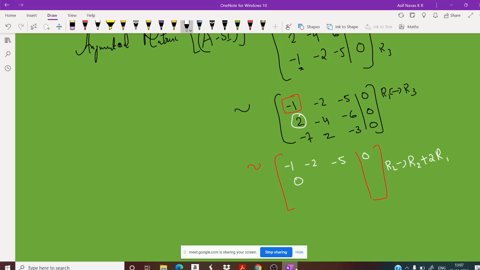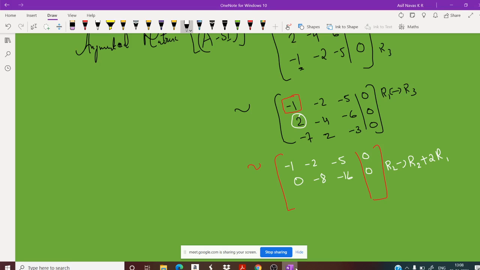What will happen here? Minus 4, minus 8, and the next element, minus 16.